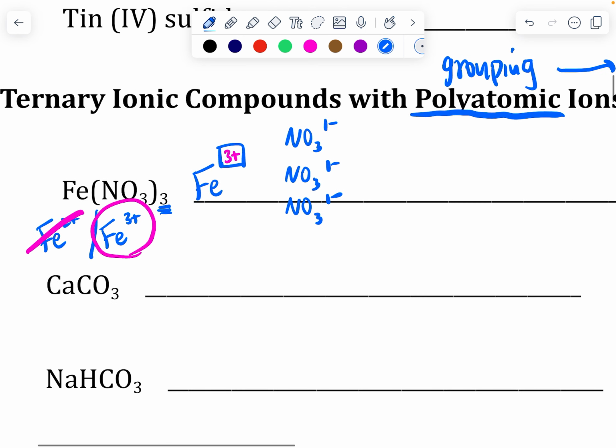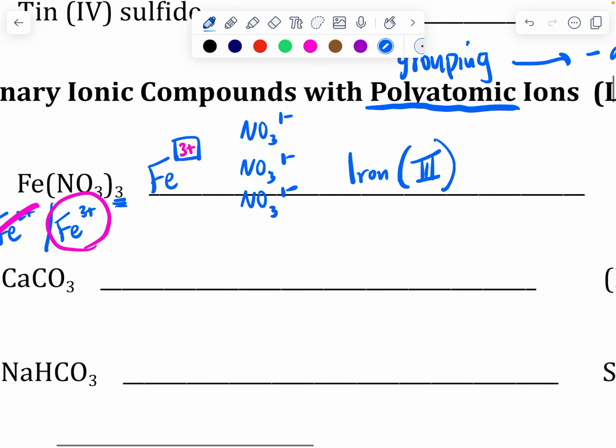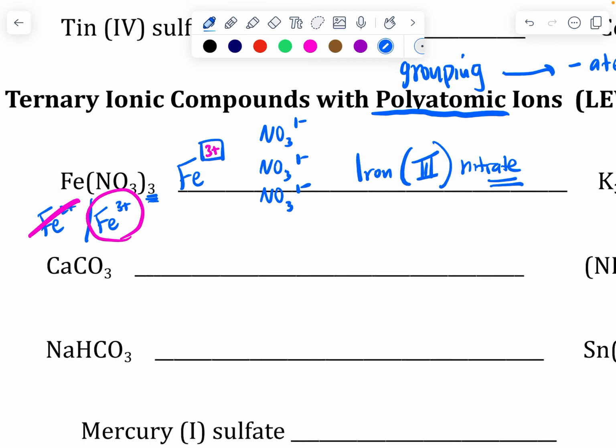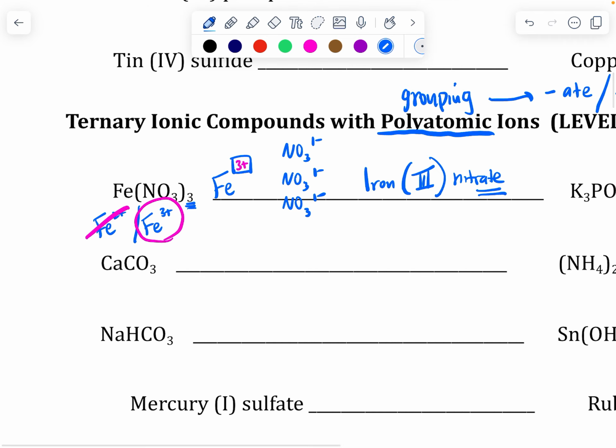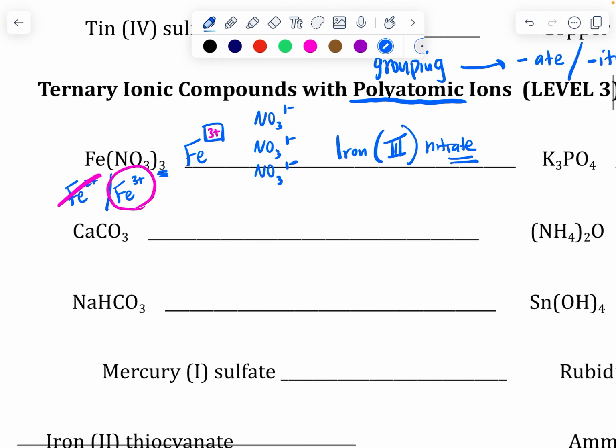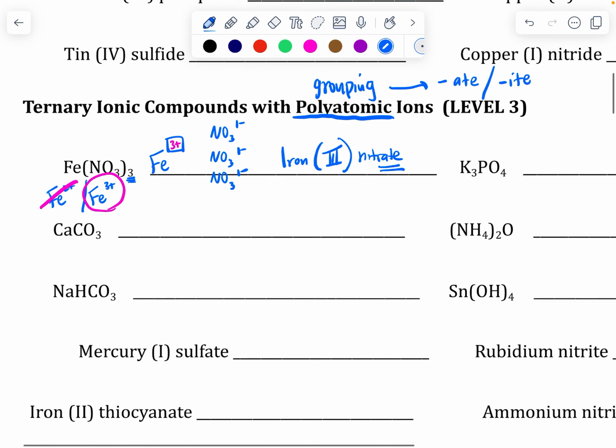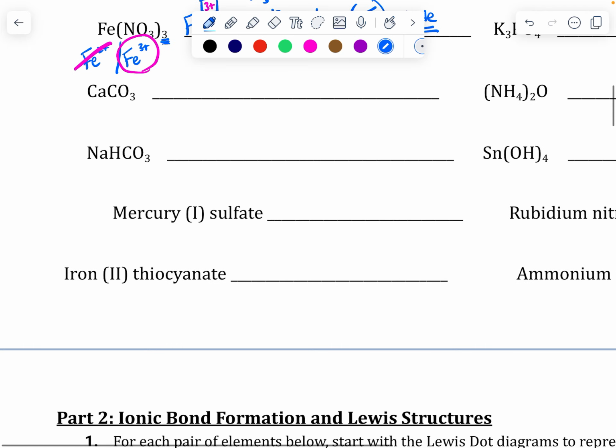So naming this would be iron 3 and nitrate. Remember, you don't ever change a polyatomic's name.